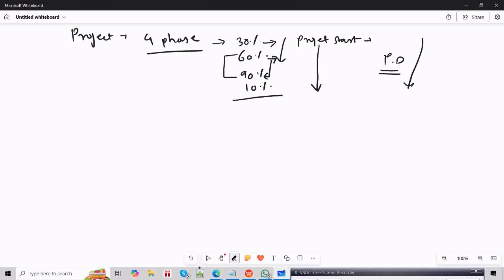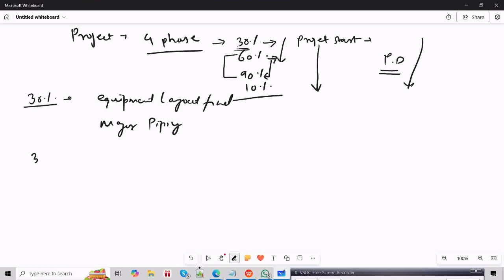In the 30% project status, what are the things you are going to cover? If the project is at 30%, it means the equipment layout is final and major piping is done.